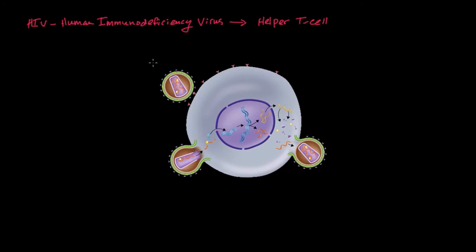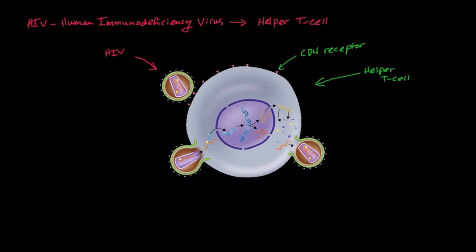So in this illustration here, this is HIV, and this guy here is a helper T cell. On the surface of a helper T cell, you have a receptor called a CD4 receptor. This is the receptor that a surface protein on an HIV virus specifically binds to.